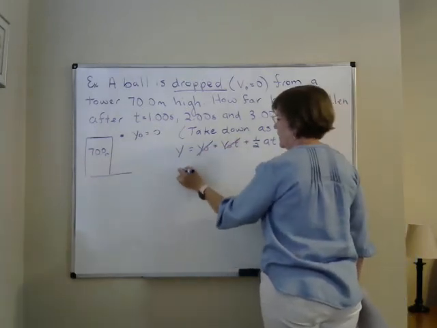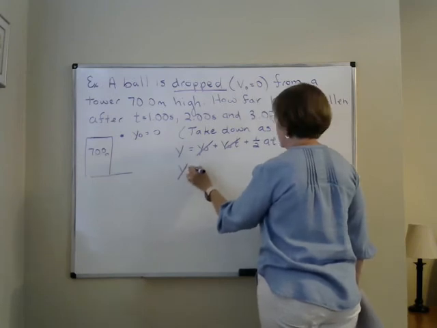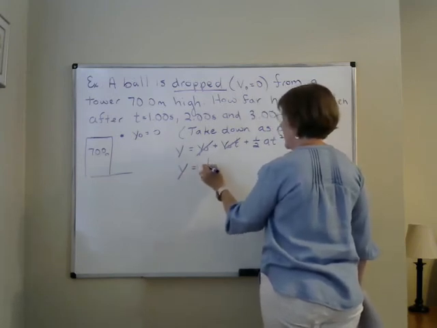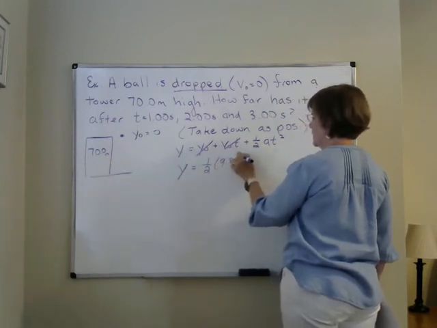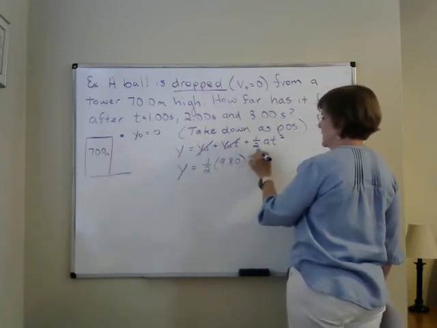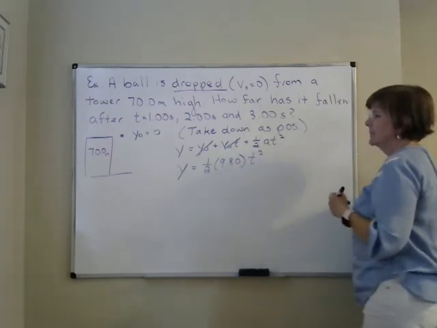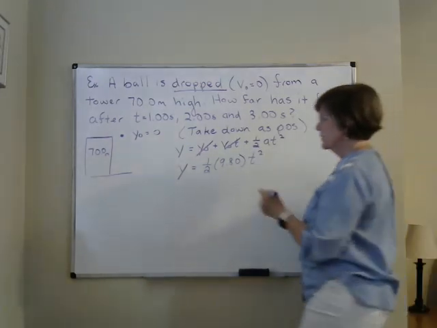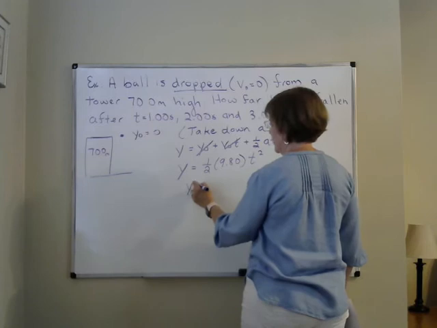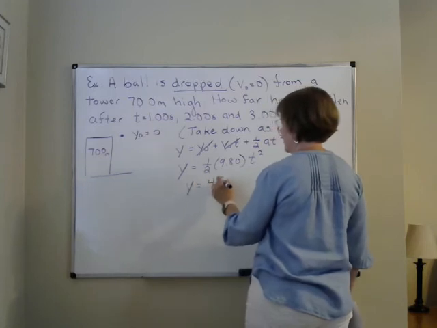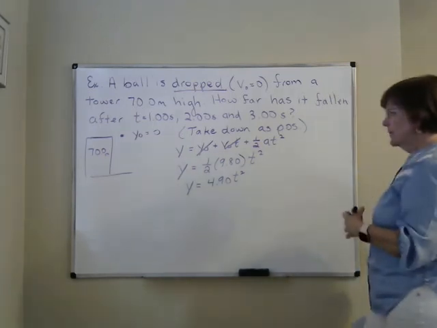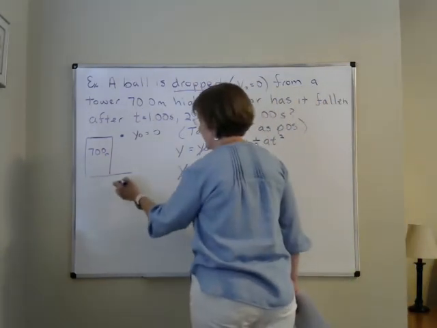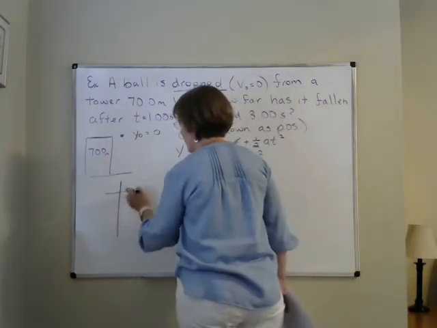So how far something falls when you drop it is just given by 1/2 the acceleration, 9.80, t squared. What is 1/2 of 9.8? So really we've got it even simpler. 4.90 t squared.